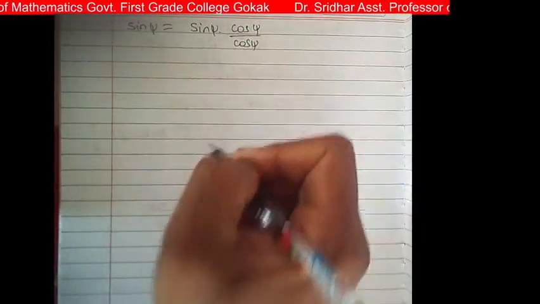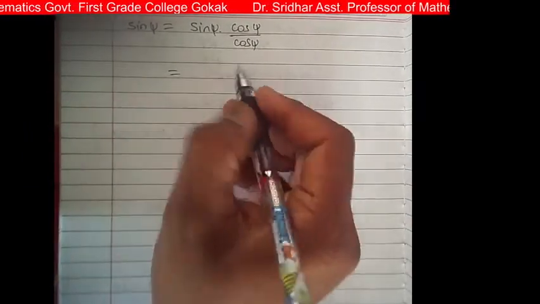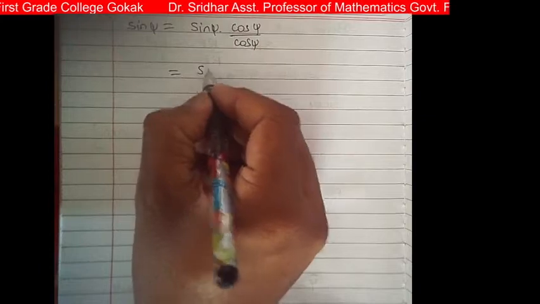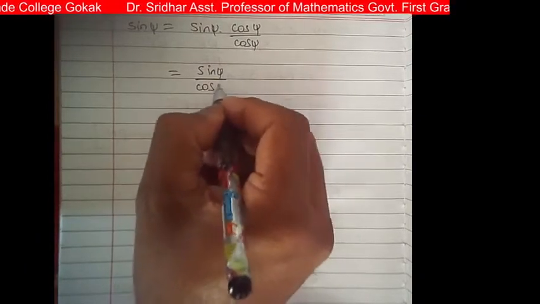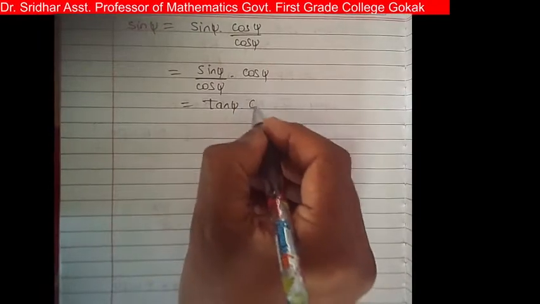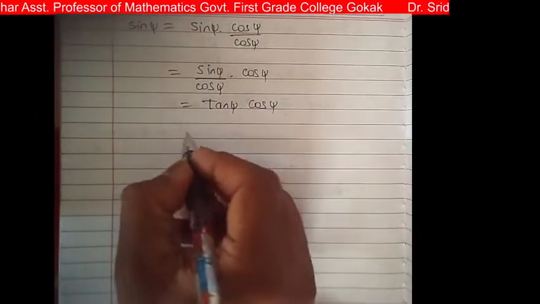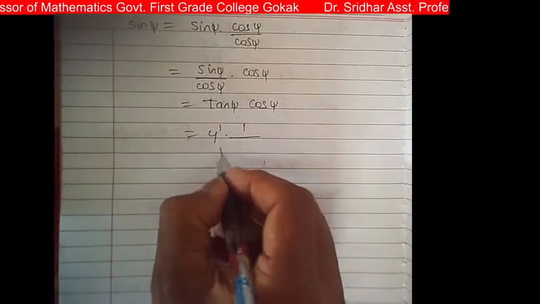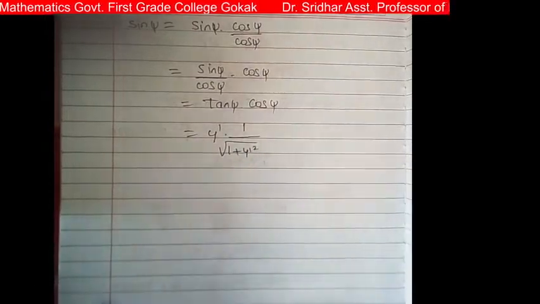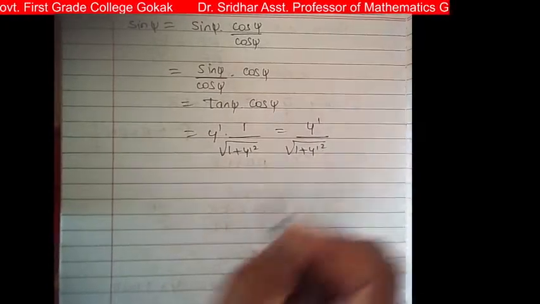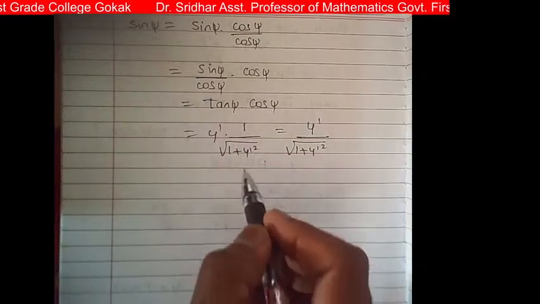Which gives sin psi divided by cos psi into cos psi, which is equal to tan psi into cos psi, since sin psi by cos psi is tan psi. Now what is tan psi? It is y dash. Now what is cos psi? Just now we determined, 1 divided by square root of 1 plus y dash square. Which is equal to y dash divided by square root of 1 plus y dash square. So this is sin psi.